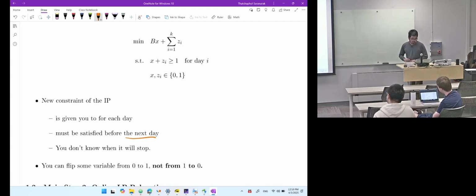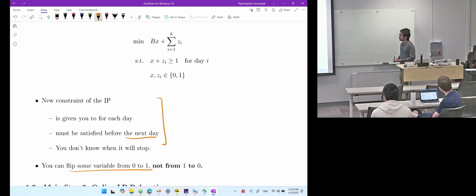And another point is that the decision that you make is irrevocable. So you can only flip from 0 to 1 and not vice versa. Okay? So if you have bought the equipment, you cannot revoke it. Every variable here can only flip from 0 to 1, not 1 to 0.